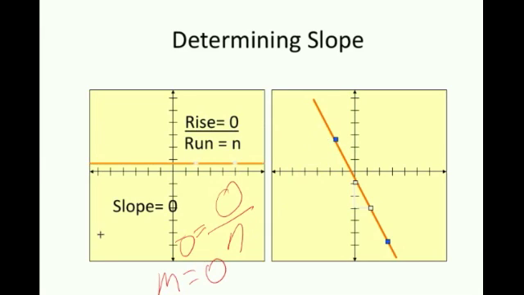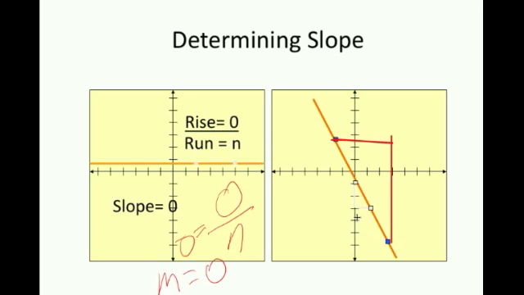This is considered a negative line. Notice that reading it from left to right, it's running downhill. We want to calculate the rise once again and calculate the run.